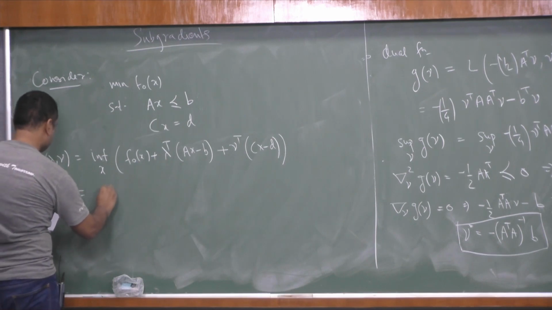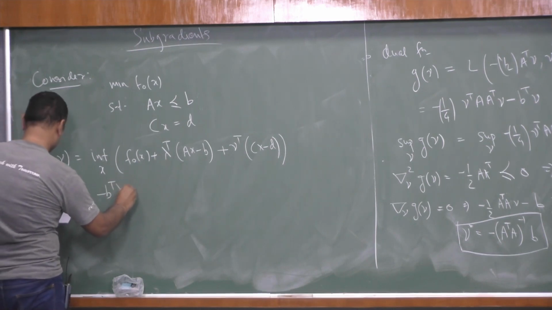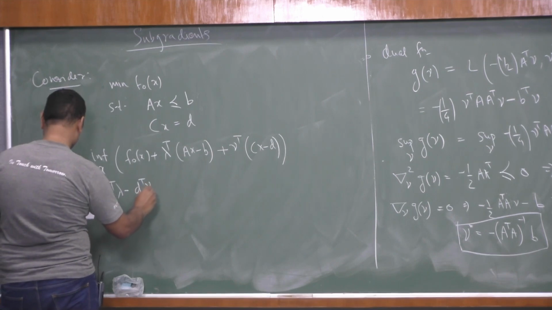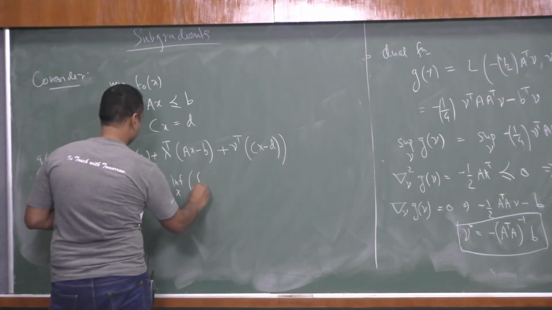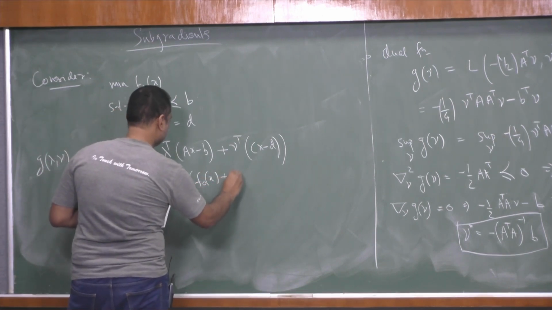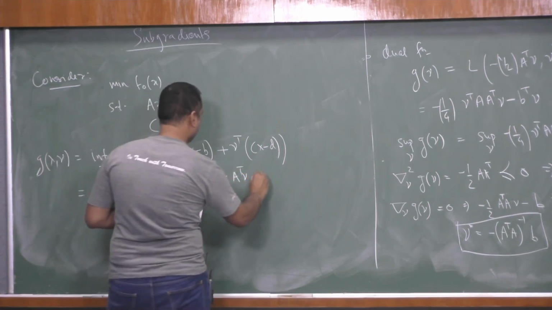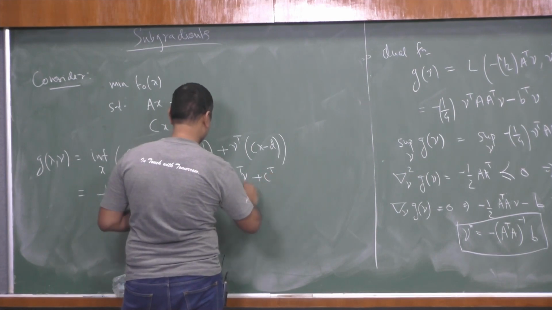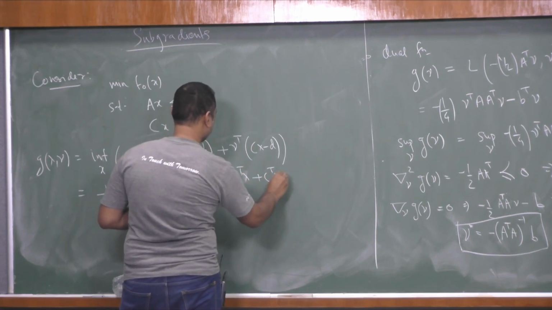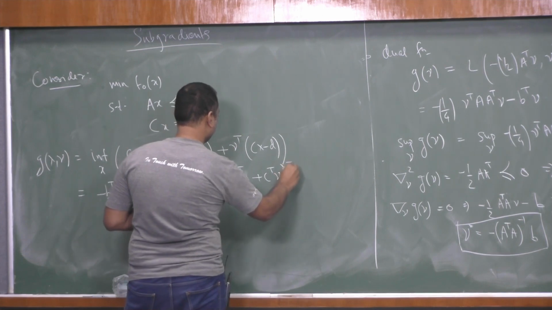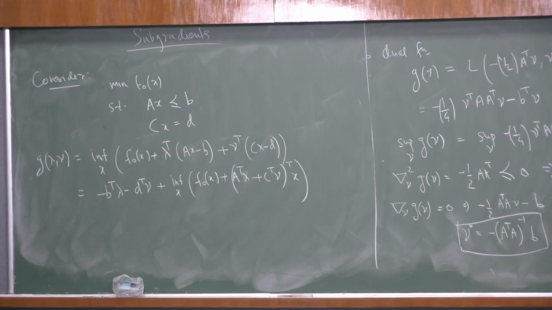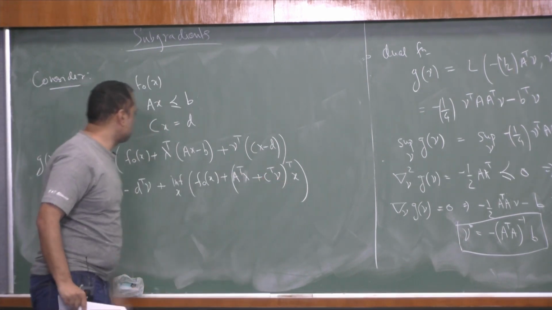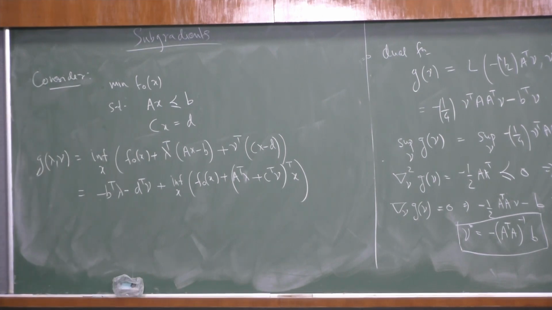So here it's minus b transpose lambda minus d transpose nu plus, and the remaining term is infimum over x of f naught x plus A transpose lambda plus C transpose nu, whole transpose x. Okay, so we have simplified a bit. We have taken out the terms which don't depend on x and taken x common in the inside terms. So this is what we have.